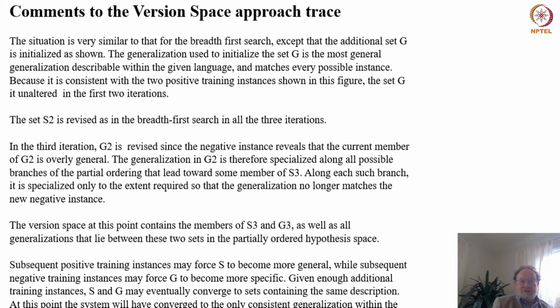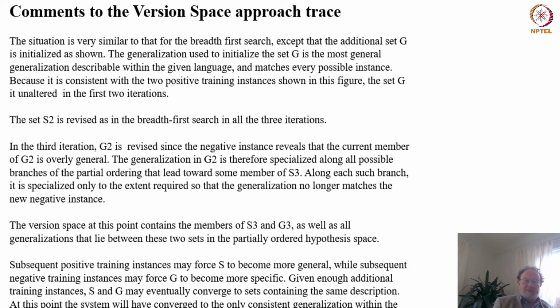The generalization in G2 is specialized along the possible branches of the partial ordering that leads somehow down towards a member of S3. Along each such branch, it's specialized only to the extent required so that the generalization no longer matches the new negative instance. So it's done in a conservative manner. The version space at this point contains the members S3 and G3, as well as all generalizations lying between these two sets in the partially ordered hypothesis space.